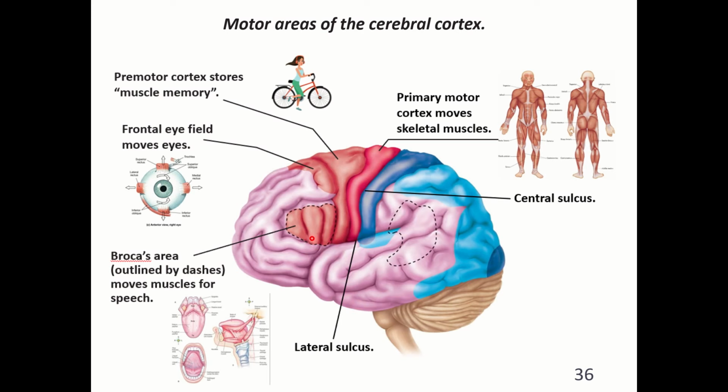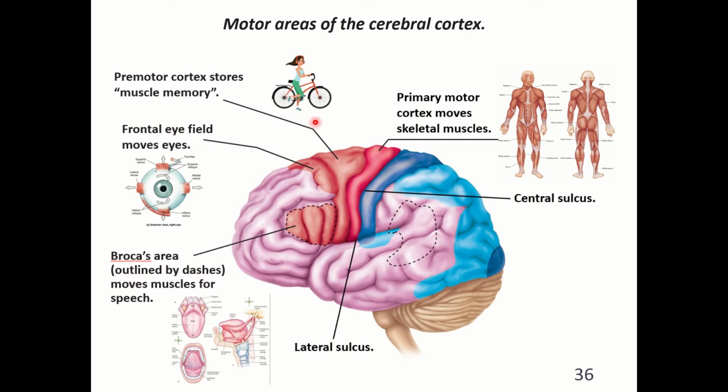This illustration shows the motor areas of the cerebral cortex. The primary motor cortex actually moves the skeletal muscles. It sends the impulses down the motor neurons to the individual skeletal muscles. The premotor cortex is the association area that stores muscle memory. I have a picture of someone riding a bike.